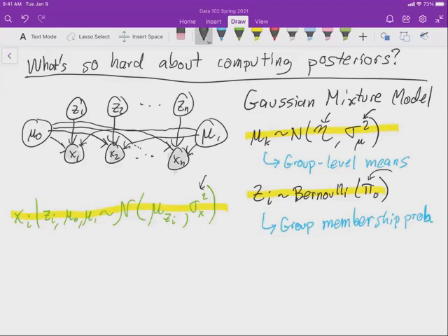Why do we care about inferring the mu's and the z's? That's the whole point of setting this up. We want to understand the distribution of heights within each particular group, each particular gender. You can imagine setting up other models where you want to understand the average behavior of data points from each group. And you also want to know the group labels: does this person belong to group A or group B?